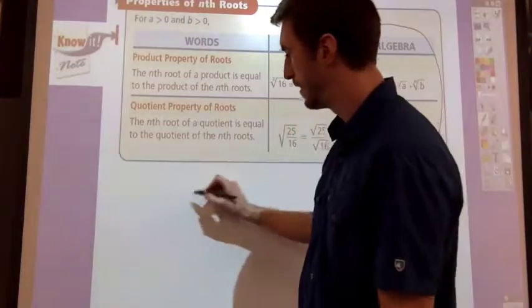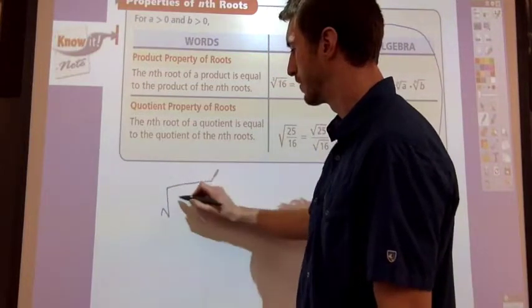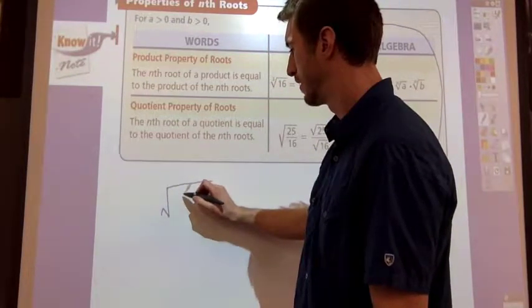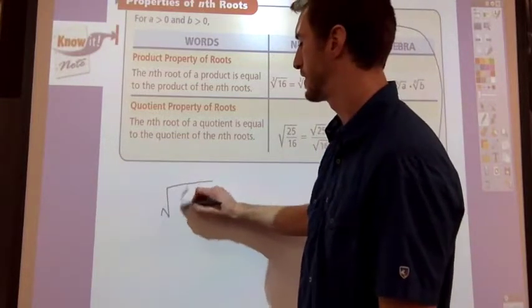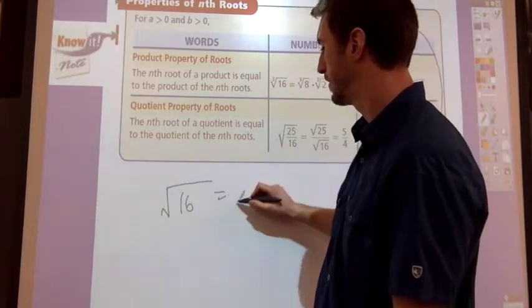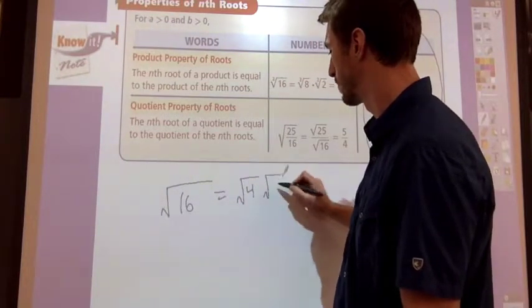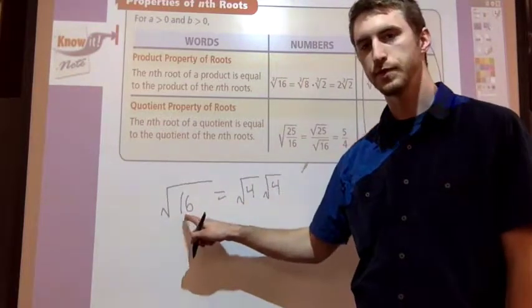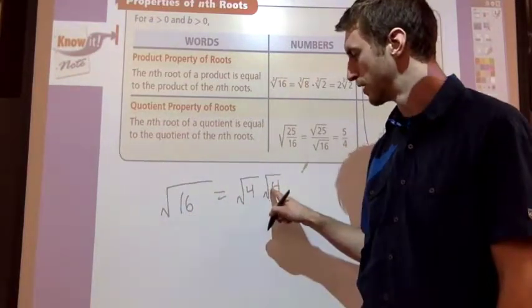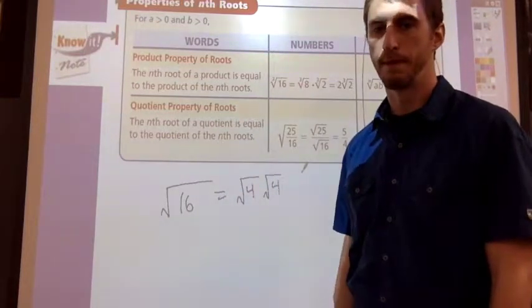So an example would be if you're taking the square root of 16, you can break that into the square root of 4 times the square root of 4, because 4 times 4 is 16. So then you can take the square root of 4 times the square root of 4.